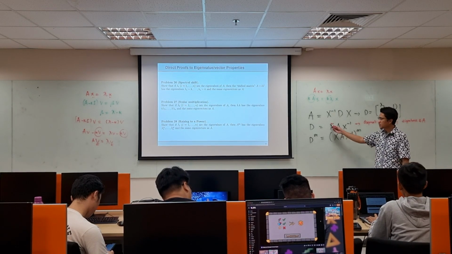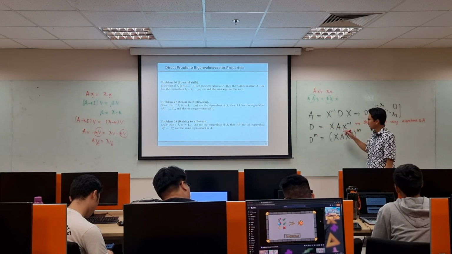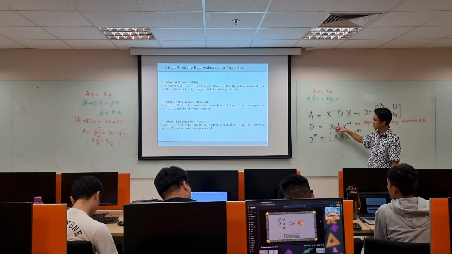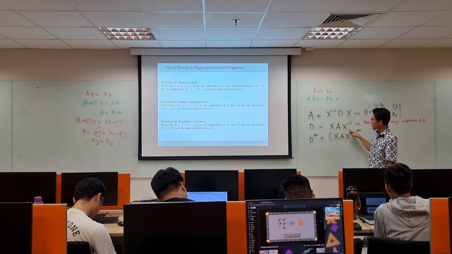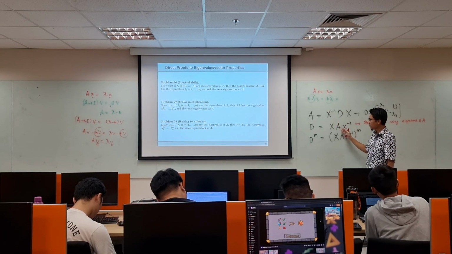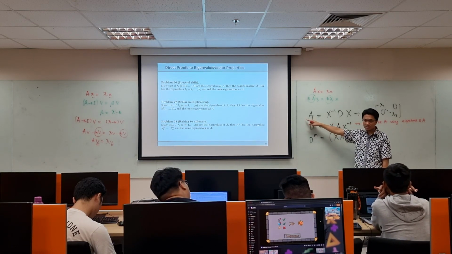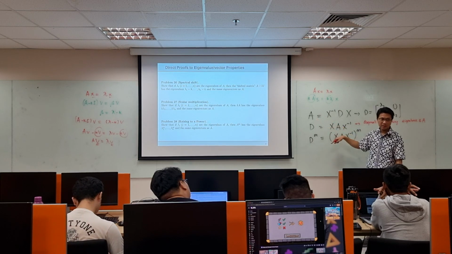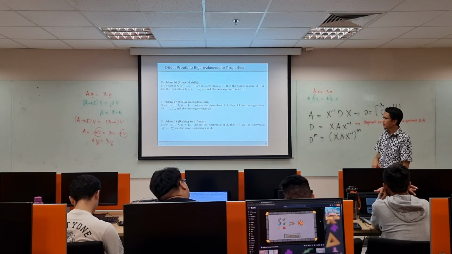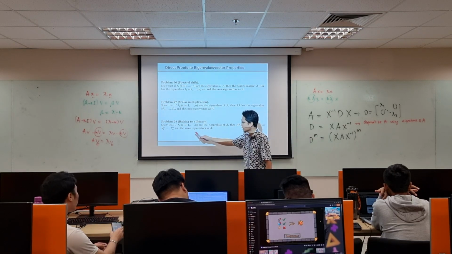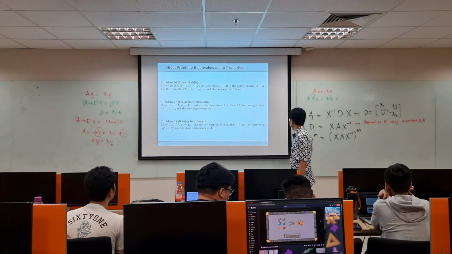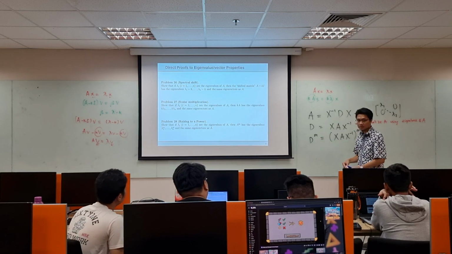So this relationship shows that if I have the set of eigenvectors of A in here, and multiply left and right by the eigenvectors of A, I will get the eigenvalues of A in here. Now, because I need to show A to the power of M and lambda to the power of M, I have to do this.